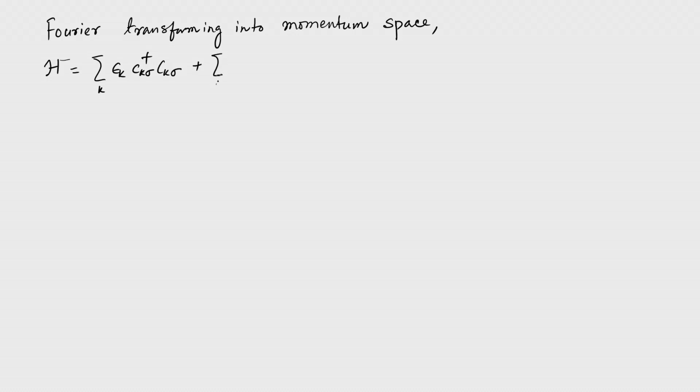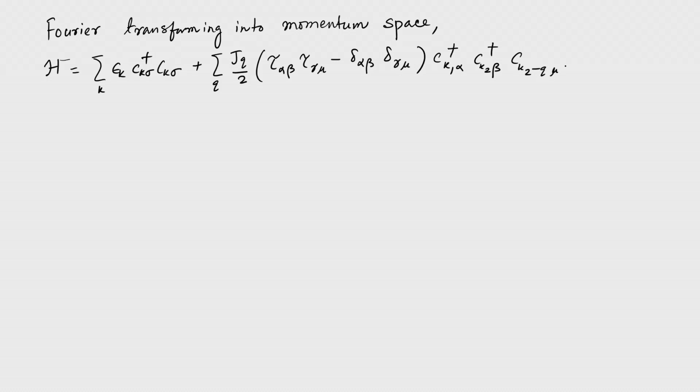The other terms, we are still writing the original Hamiltonian and not the Hamiltonian in the form of the tJ model. So, we still have a U term there, with delta_αβ delta_γμ ν minus delta_αβ delta_γμ, and c_k1α† c_k2β c_{k2−q}μ c_{k1+q}γ. So, this is the second term.